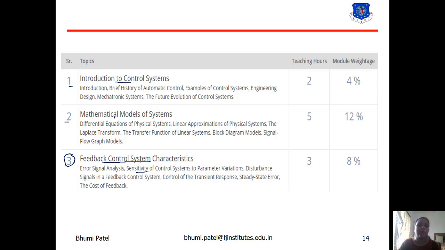Chapter number 2, mathematical models of the system, where we studied three topics: mathematical modeling, block diagram reduction techniques, and signal flow graph. And the third chapter, feedback control system characteristics. This is the weightage of your chapters. So up to now we have completed three chapters of your syllabus.